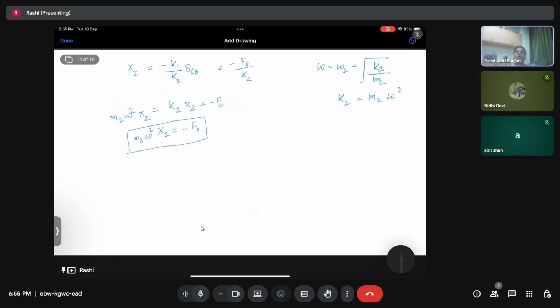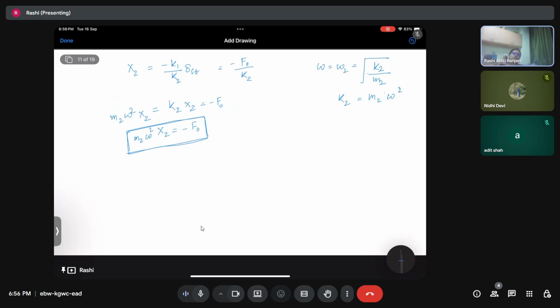X2 is going to have a direction opposite to f naught, right? And then this m2 and k2 will actually be dependent upon capital X2.